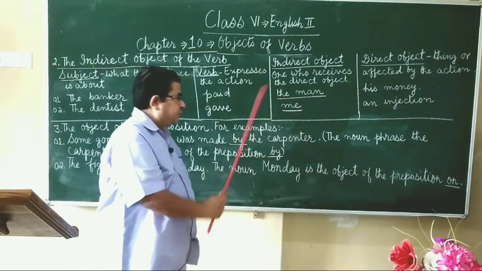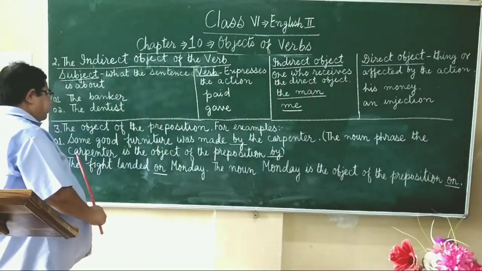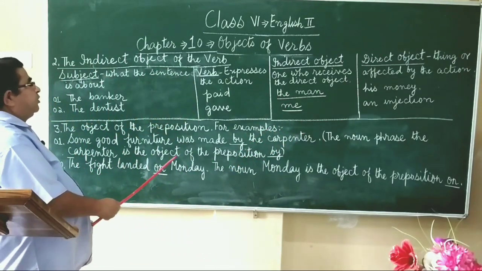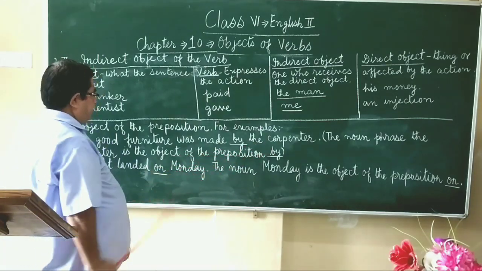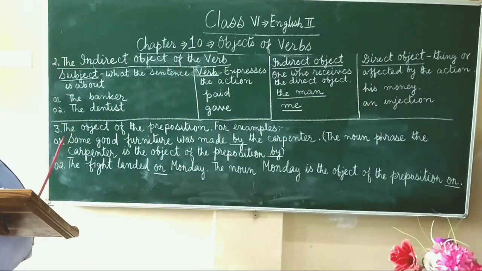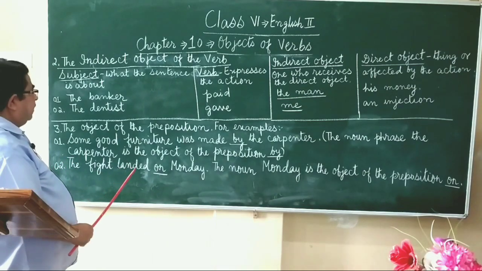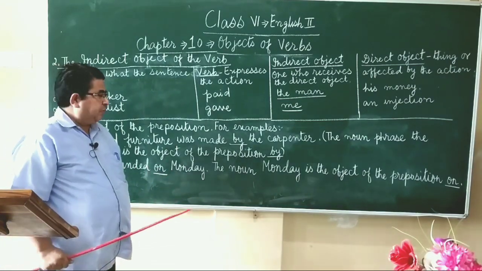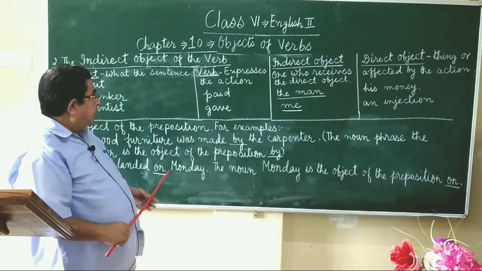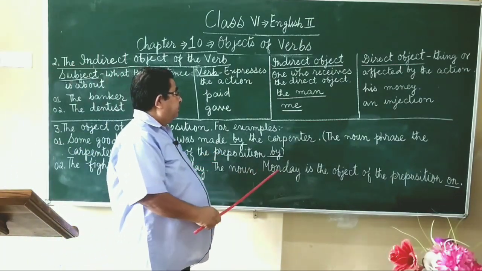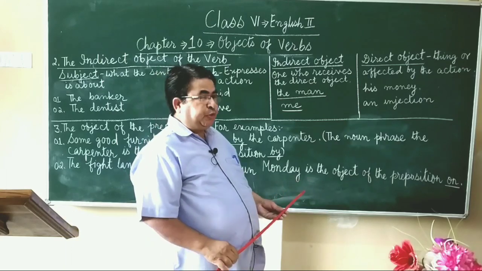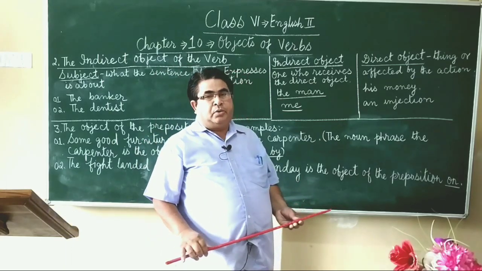Here the noun phrase, the carpenter, is the object of the preposition by. Example number 2, the fight landed on Monday. The noun Monday is the object of the preposition on.